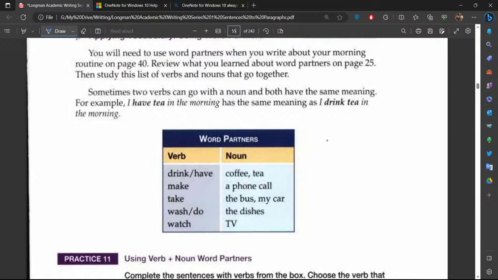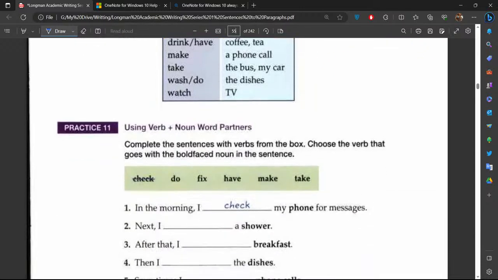Well, okay, so the word partners are also called collocations, and are very important. Using verb plus noun word partners.